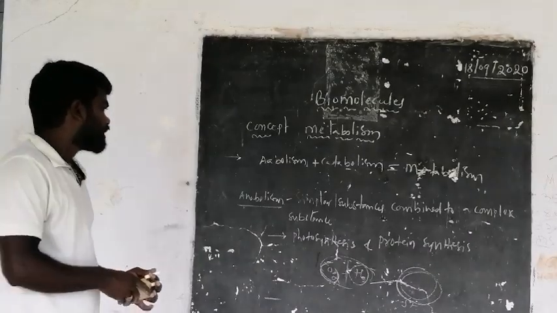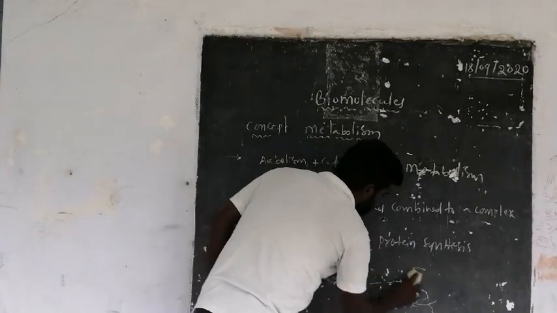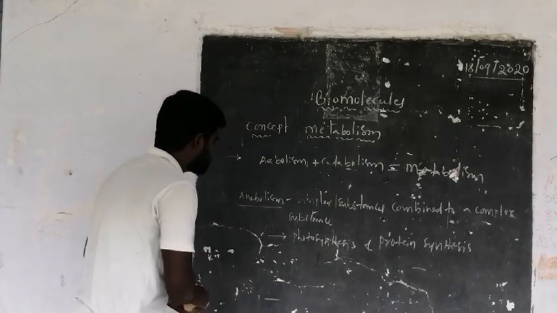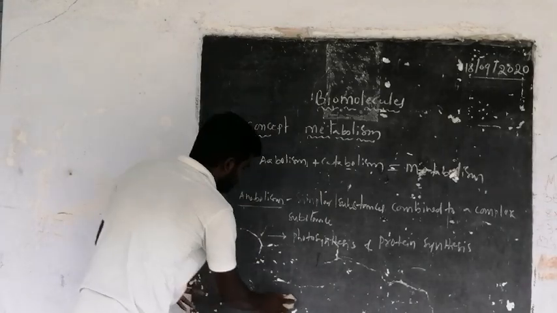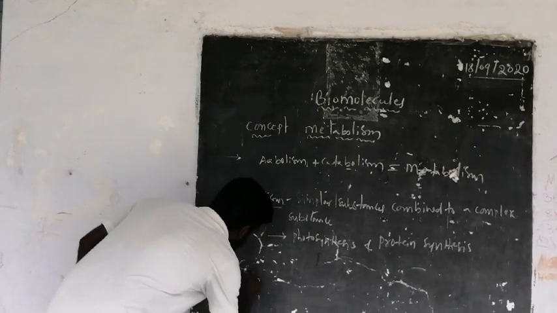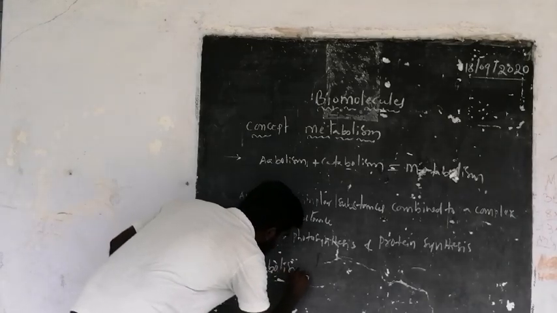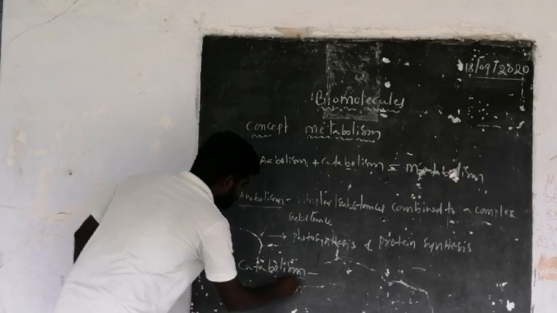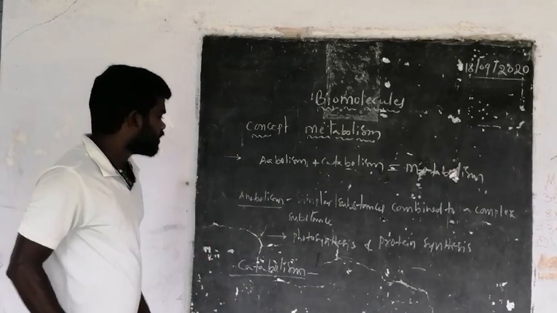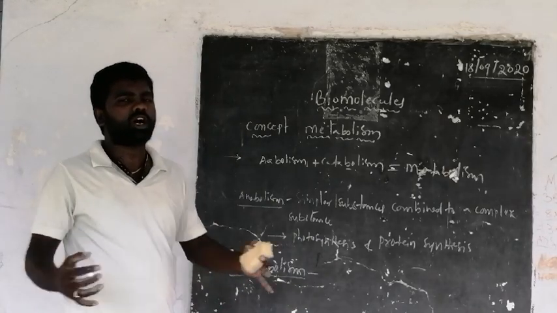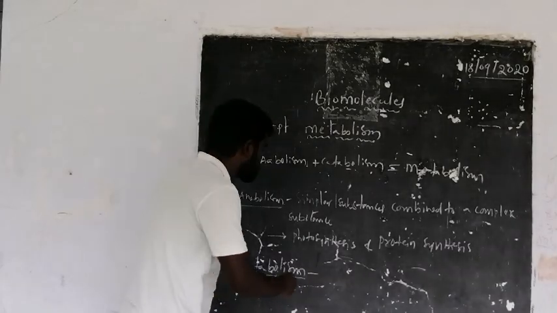Now, catabolism. In catabolism, complex substances are broken down to form simpler substances.